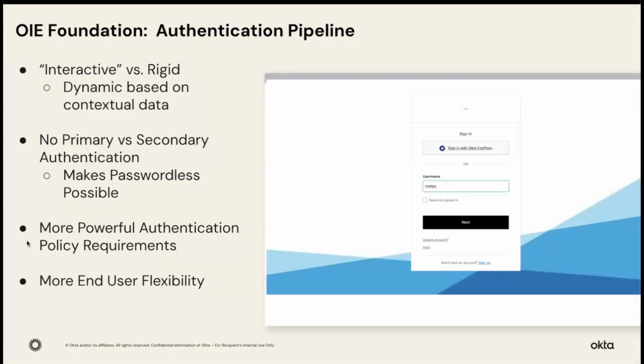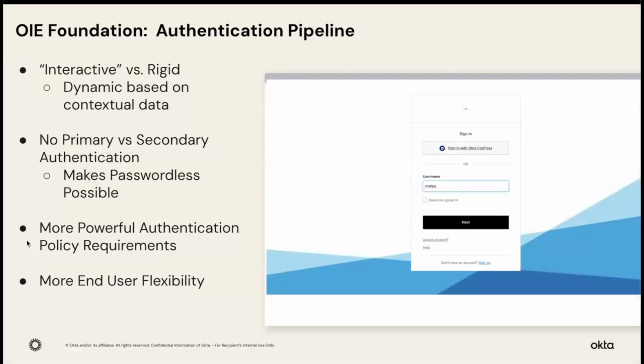The idea here is that we've moved to a much more interactive authentication flow versus the rigid, prescriptive flow that you would have in Classic. It's a much more dynamic flow based on a lot of contextual data, whether that's user context, application context, device context, etc.